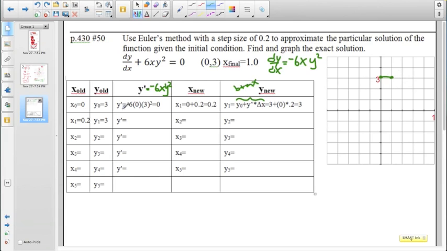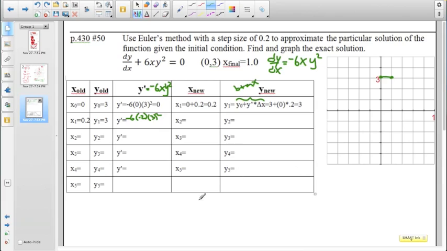Now we're going to take this point, 0.2 comma 3, and calculate what the new slope is going to be for this section of the graph. So we have minus 6 times the x value, which is 0.2, times the y value, which is 3 squared. And when we crank all that out, we get 10.8, I believe.